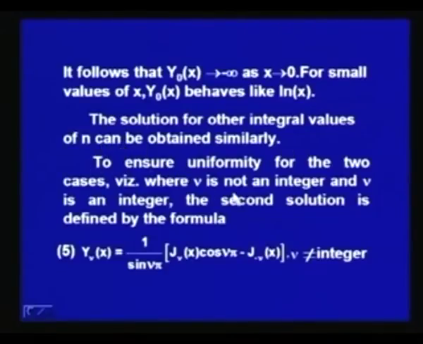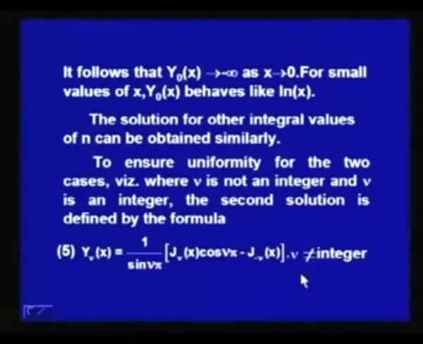Now, in practice, when we make use of the Bessel's equation, the two solutions of the Bessel's equation are given by this for uniformity in the two cases, that is when nu is not an integer and when nu is an integer. The second solution is given by the following formula: Y nu (x) equal to 1 over sin nu pi into J nu (x) cos nu pi minus J minus nu (x) when nu is not an integer.